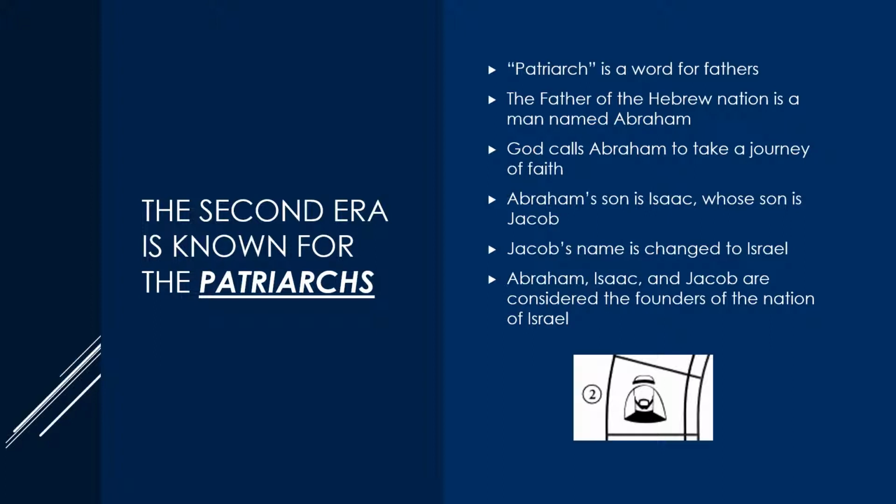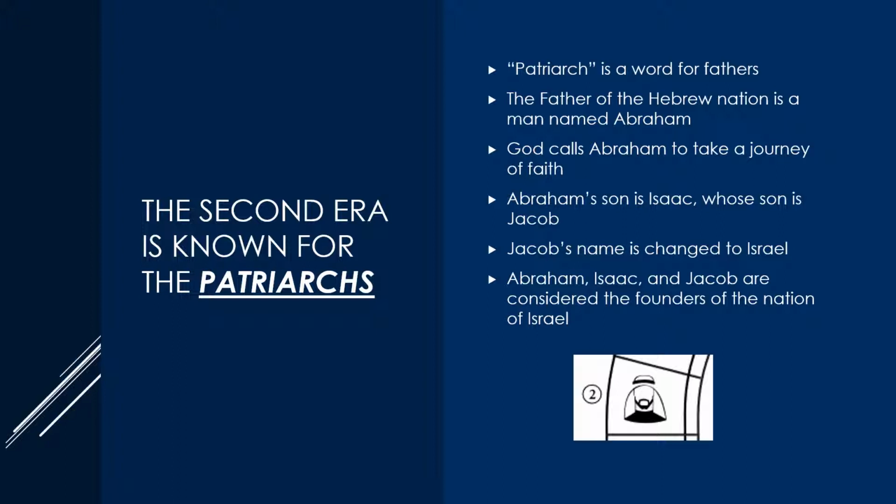So Abraham does follow God on this journey, and there are lots of adventures, but since we're just covering the highlights, eventually Abraham has a son whose name is Isaac. Isaac, in turn, has a son whose name is Jacob. And through the course of his life, Jacob, let's just suffice it to say, has some interesting encounters with God, and eventually his name is changed to Israel, a word that means struggles with God.